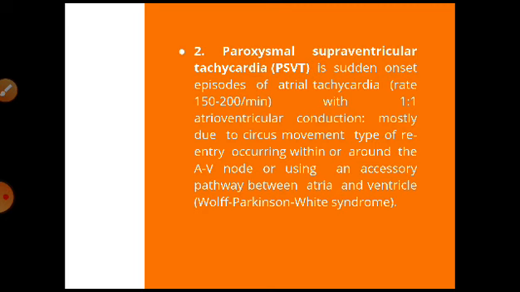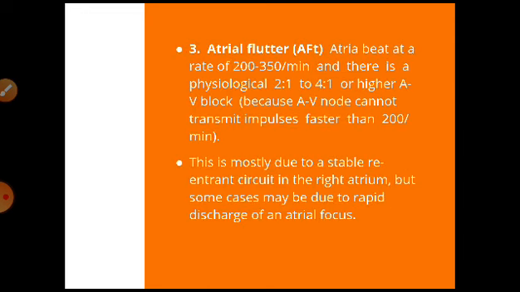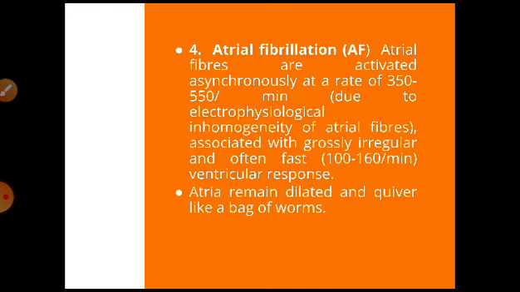In the same way, this is the PSVT, as I already explained before, that it may go to around 200, 150 to 200. Atrial flutter is 200 to 350, right? Atrial fibrillation goes from 350 up to maybe 550. So it's a very bad condition, atrial fibrillation.